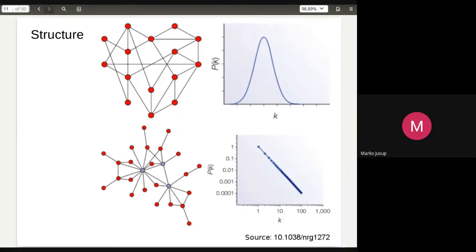When the degree distribution of such networks is shown, it is often shown in a log-log plot like this one. There, if it's a real scale-free network, then we should see a line like in this perfect case. That was really popular maybe some 15, even 20 years ago.